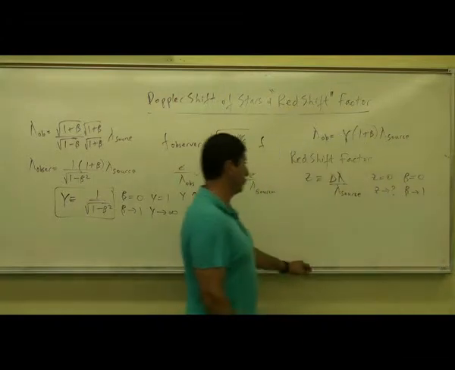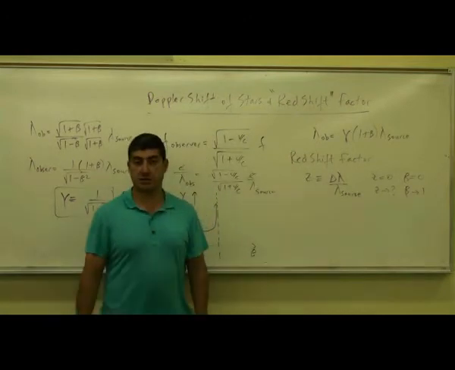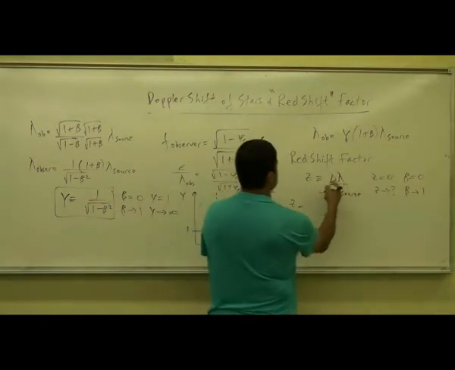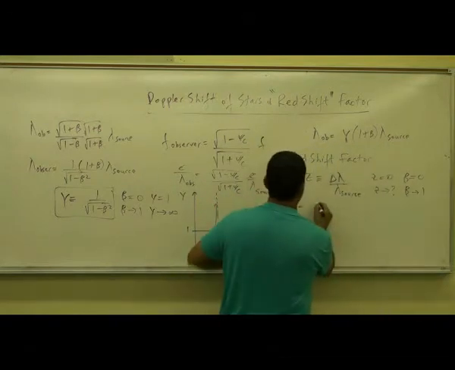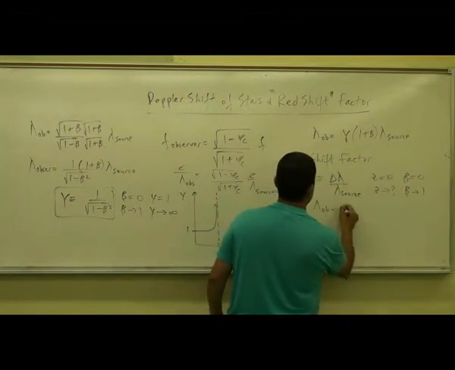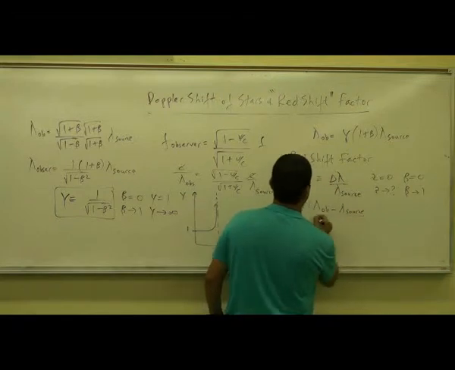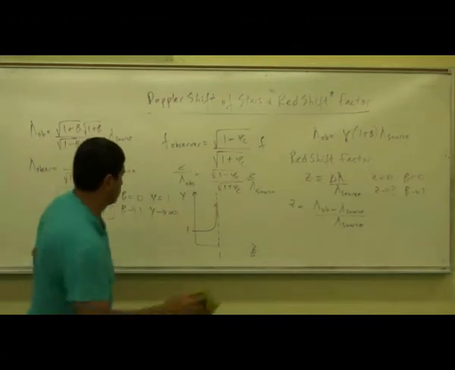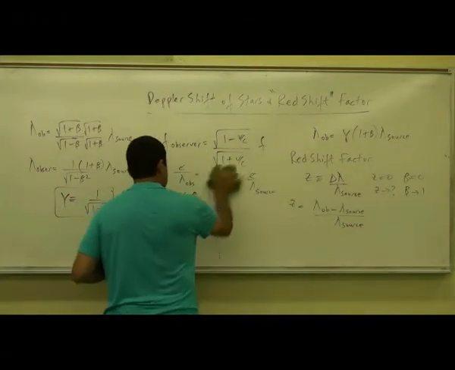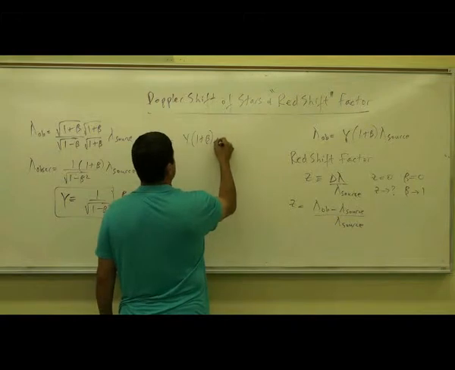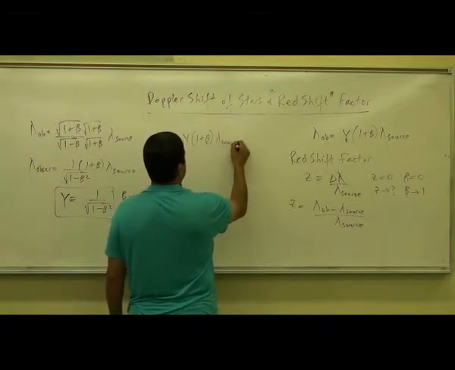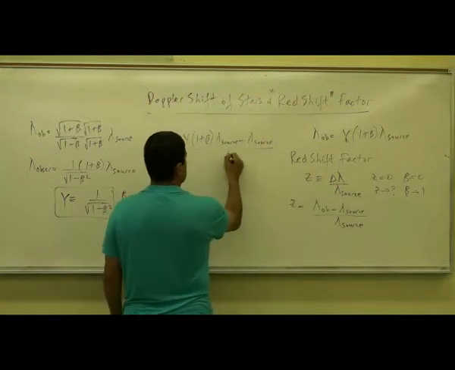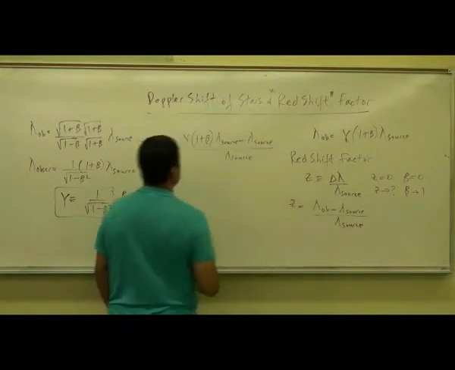What number is that? Well, we could actually calculate an expression for Z here. Z is equal to what? Delta lambda is the difference of the two, right? Lambda observer minus lambda source over lambda source, which is gamma (1 plus beta) lambda source minus lambda source over lambda source, right?